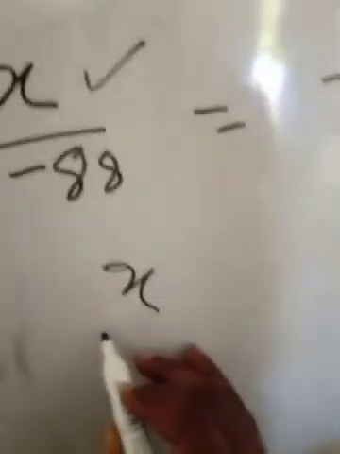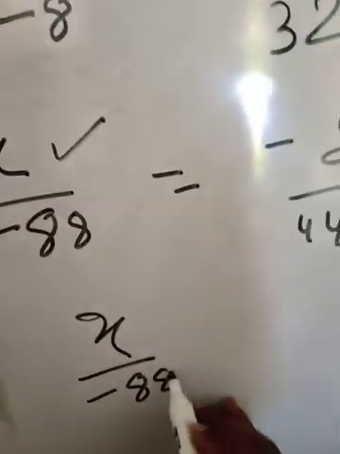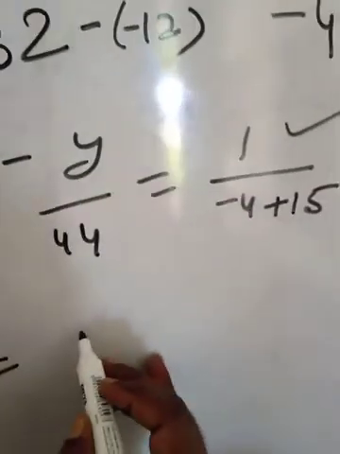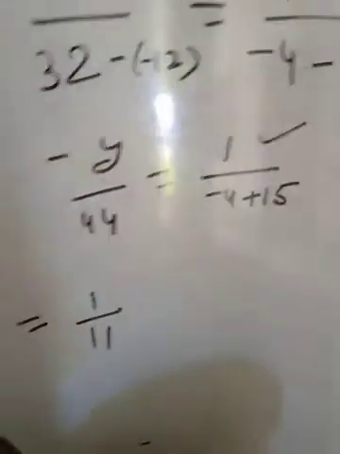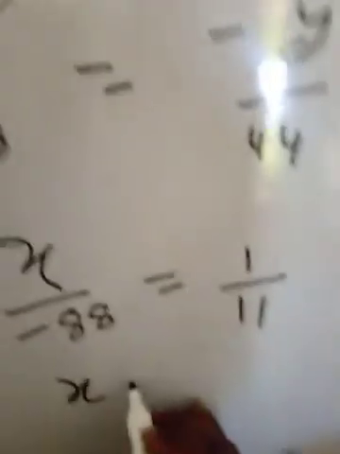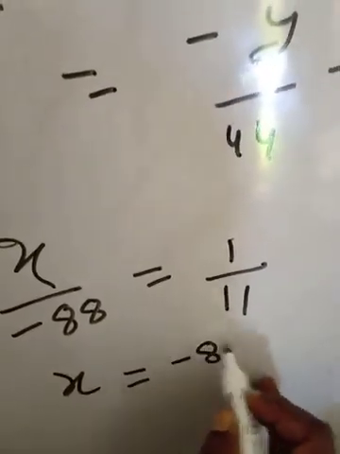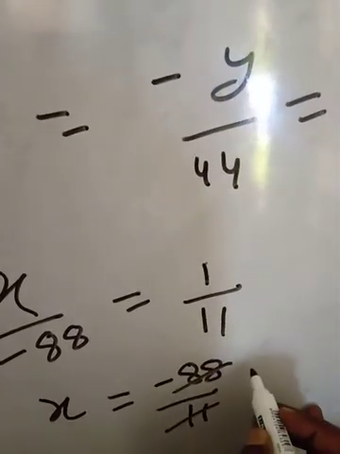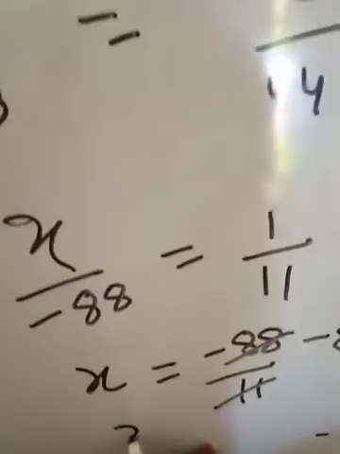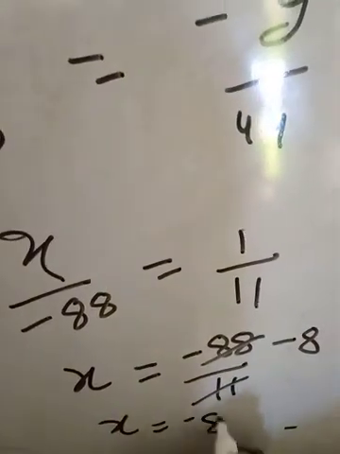So x by minus 88 is equal to 1 by 11, so x is equal to minus 88 by 11, and we get x is equal to minus 8. This is your answer.